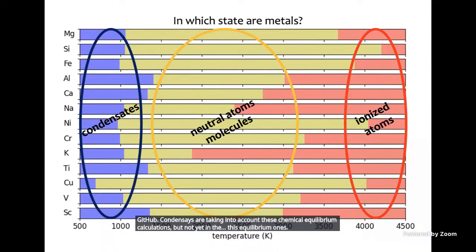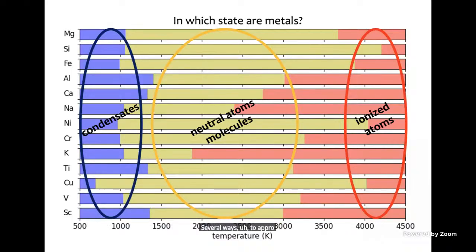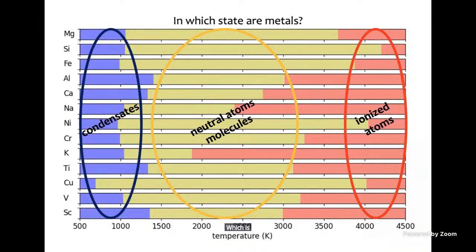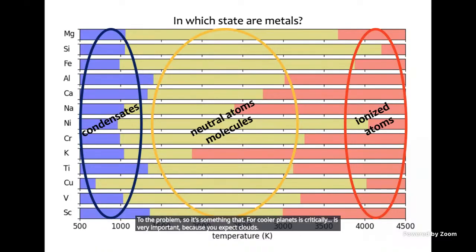That is something I would like to do, because there are several ways to approximate it, and it is very difficult to describe properly. To do so, you would have to take into account the individual microscopic processes that may start to form a condensate from gas-phase particles, which are not well known right now, such as the individual reactions that first form clusters, which then grow. So there are different approaches to the problem. It is something that is very important for cooler planets, because you expect clouds and they are observed.